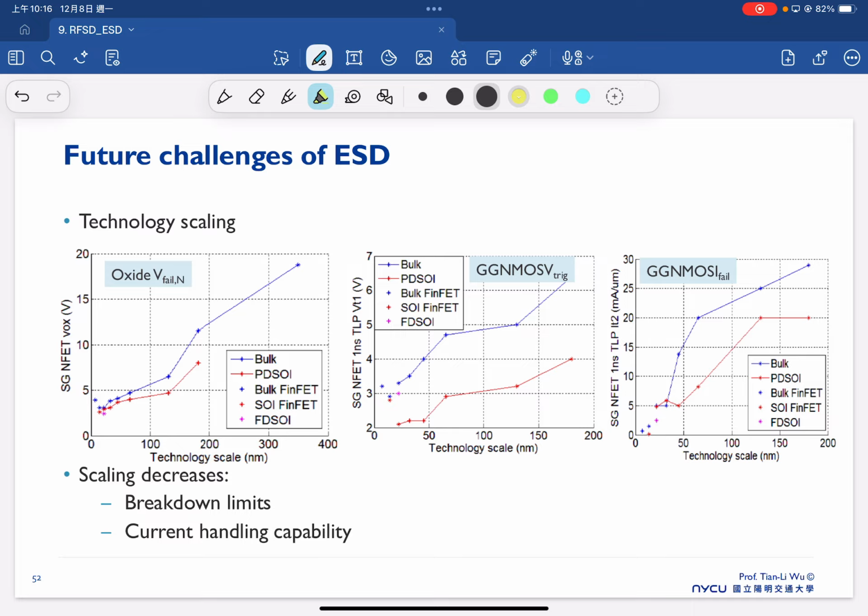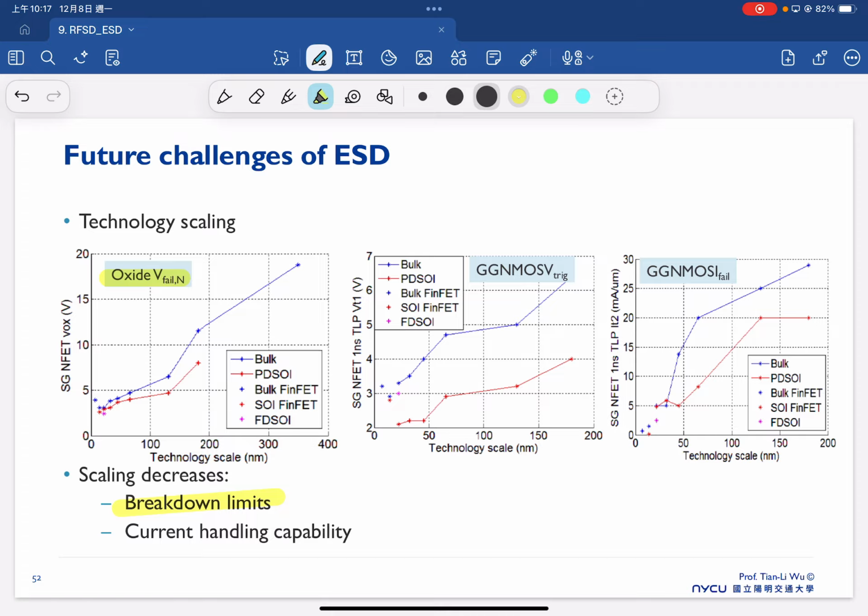Technology scaling will also limit our ESD protection, mainly because the breakdown voltage is also getting smaller. For example, this is oxide failure versus different technology nodes.